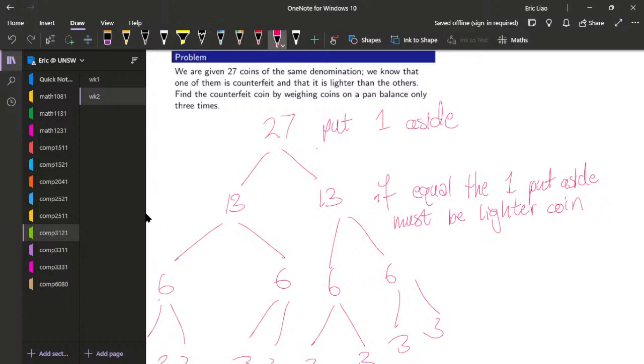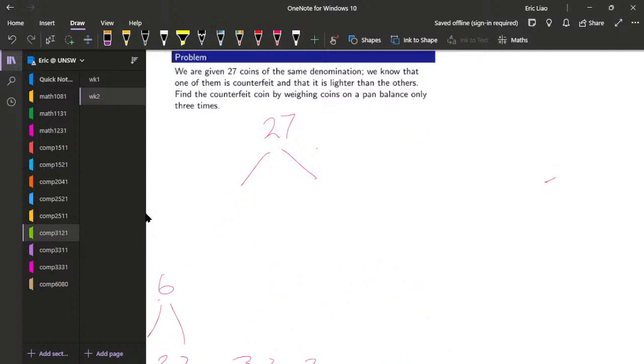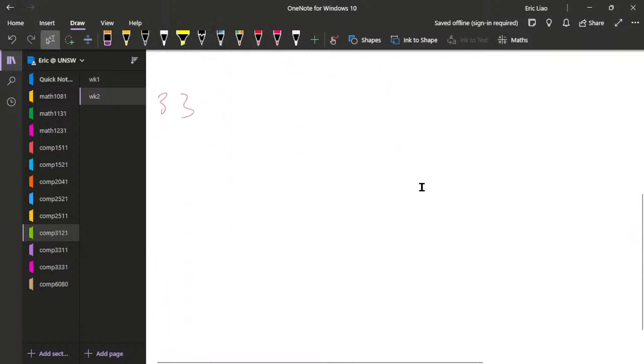Okay, how about we try to make it a branching factor of 3? Because if it is in the case, then it might help out. Wow, it's the exact same.